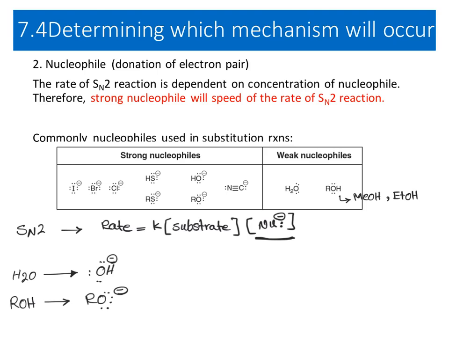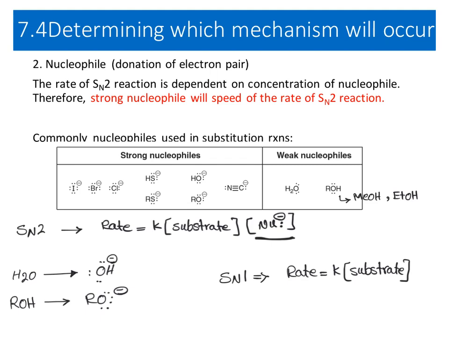Now, for SN1 reaction, if you remember the rate law for SN1 reaction, it was dependent on the concentration of substrate only. Therefore, it doesn't matter whether you use a strong nucleophile or a weak nucleophile, it cannot do anything to the rate. So it doesn't help with the reaction.